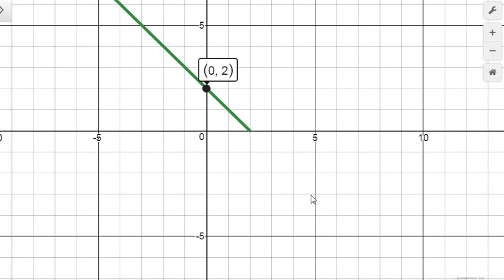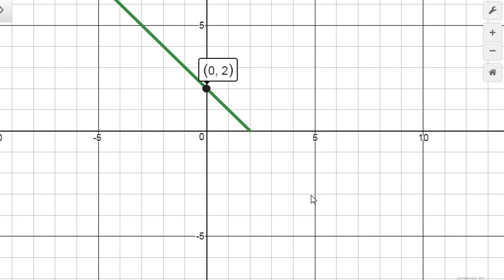So let's go back here. Okay. So we've got 2 points, (0, 2) and (2, 0). If we're going to create an equation of a line in the form y equals mx plus b, well, I already know what b is. b is 2. That's your y-intercept. The only thing I need then is the slope. Quick reminder on the slope: y2 minus y1 over x2 minus x1.